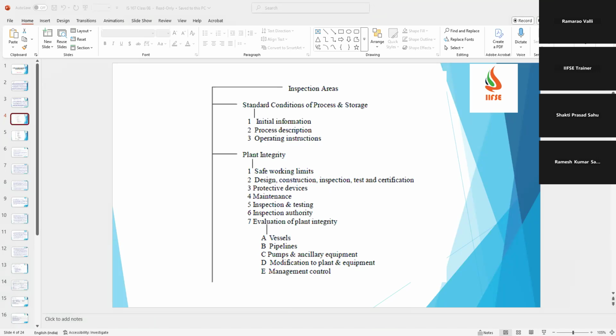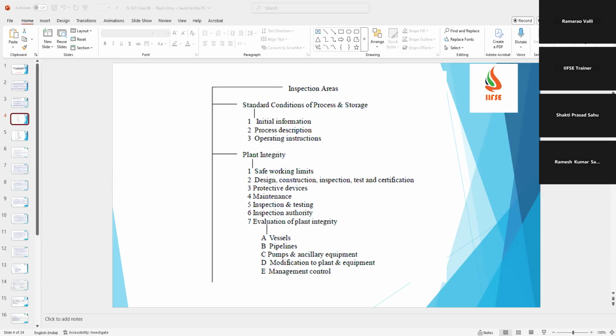And also management control, how the management is controlling the processes. When I say management control, it is nothing but review, management review meetings, whether the management is interested in the processes, in the vessels and their condition, whether the management is interested in the safety aspects of the plant.